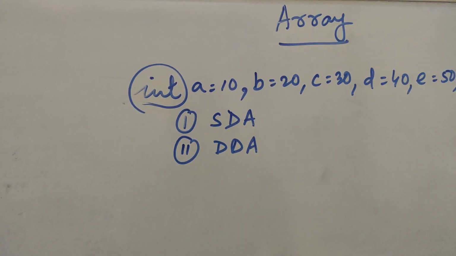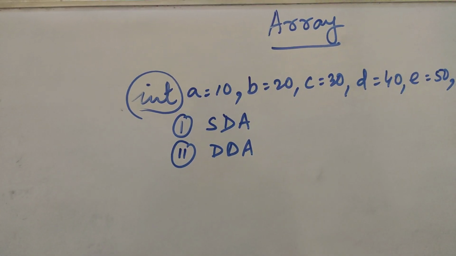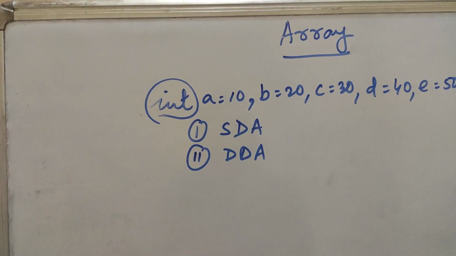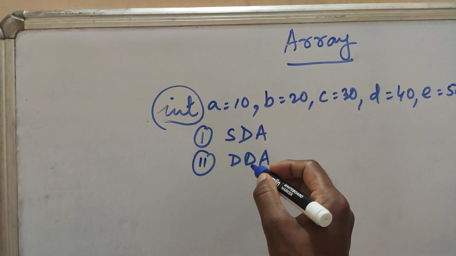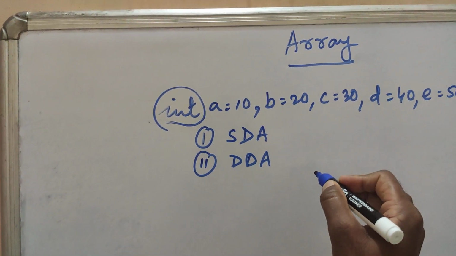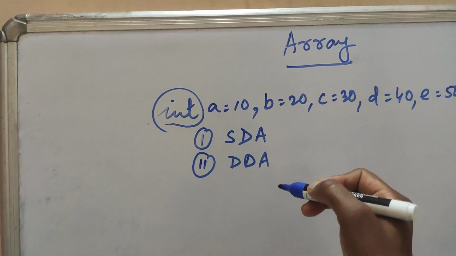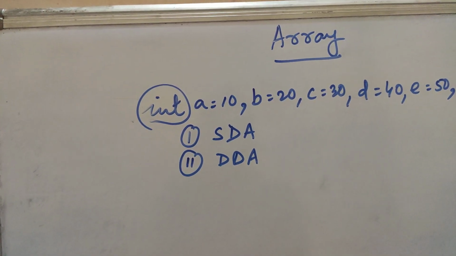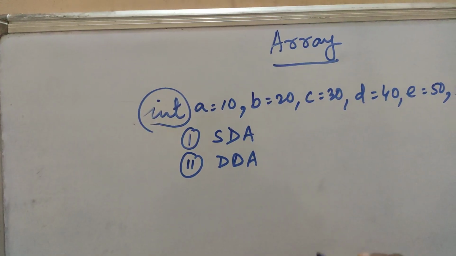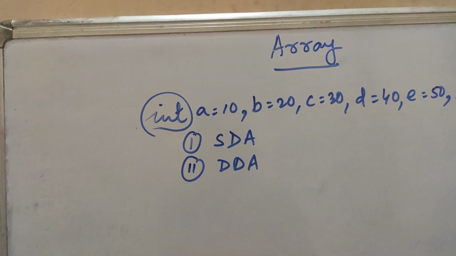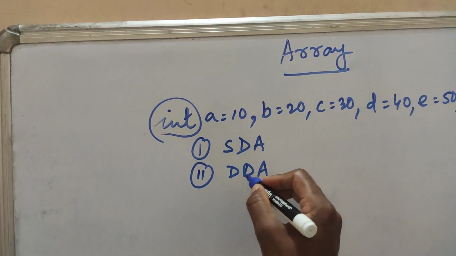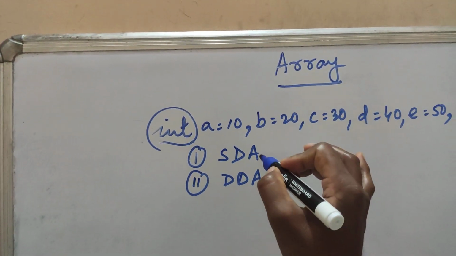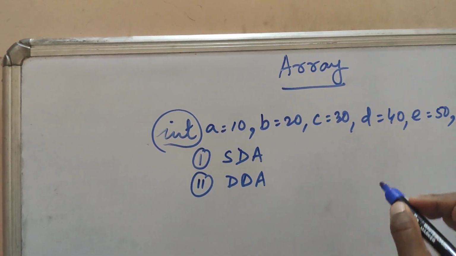A single dimensional array takes the values row wise. A double dimensional array takes the values as rows and columns. That means it takes them in matrix form, rows and columns, as a tabular form. We can say the DDA can take the values in a tabular form. The single dimensional array takes the values row wise, left to right.